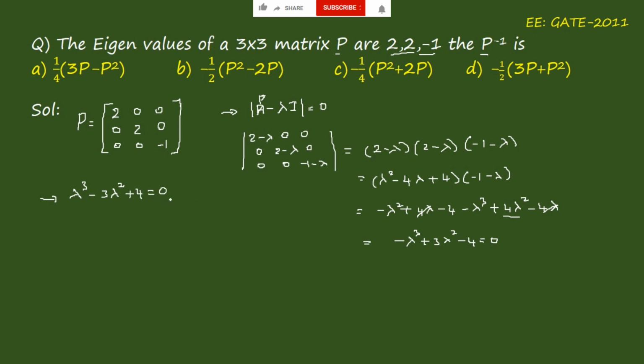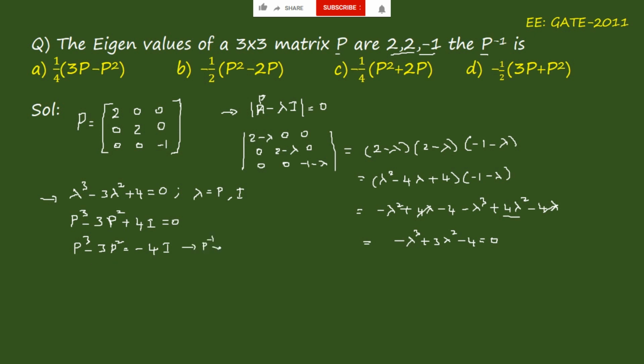But we have to find the value of P inverse. As we know, when you replace lambda with P, it forms a matrix equation, right? Now we replace lambda with P and the constant with the identity matrix I. Then it becomes P cubed minus 3 P squared plus 4 I equal to 0. Then we can write P cubed minus 3 P squared equal to minus 4 I. Now we multiply both sides by P inverse.